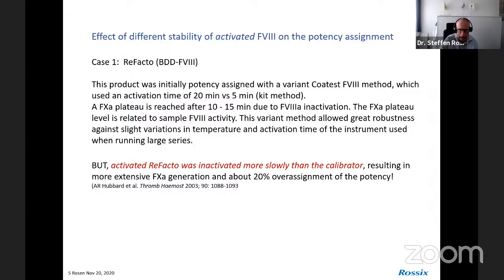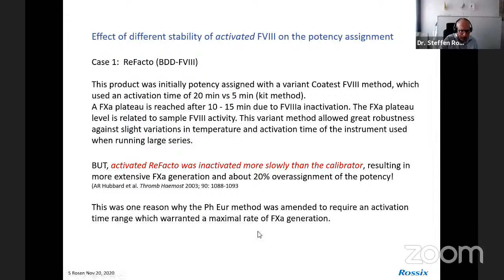So it was used for potency assignment of monoclonal antibody purified factor VIII, such as Octanate M. But the same method was then used for ReFacto, but it was a mistake. So this was one reason why the pharmacopoeia method was amended to require an activation time which warranted the maximum rate of Xa generation rather than using a plateau level.